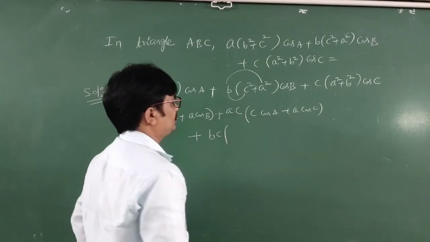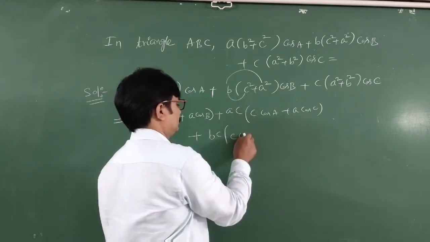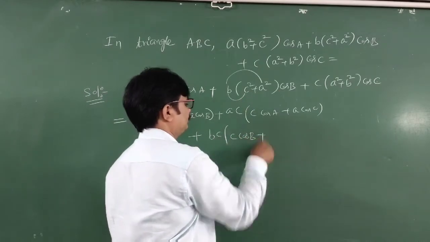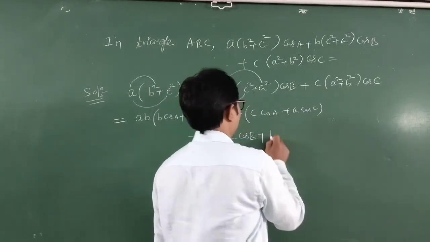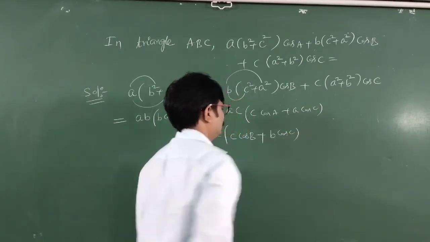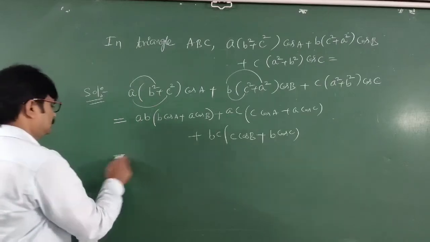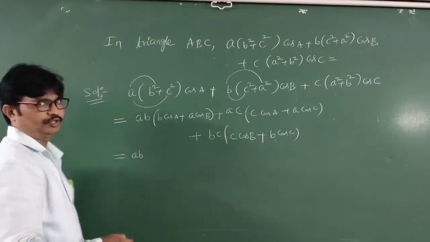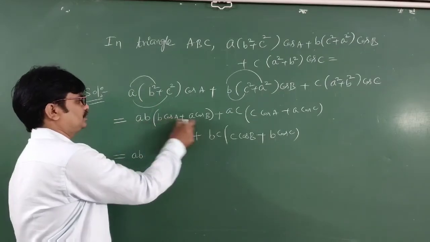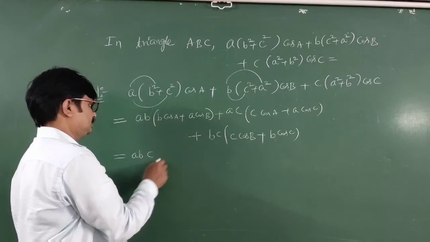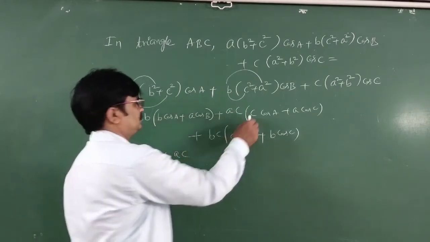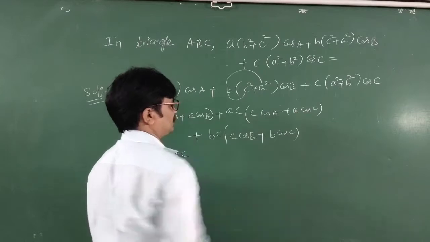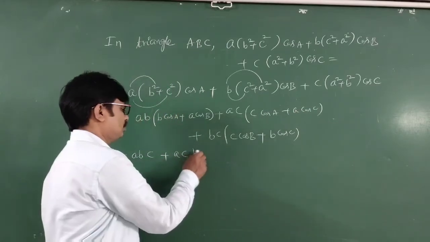When we are taking bc, this is c cos B plus b cos C. So my dear students, we can write it as ab into (b cos A plus a cos B), this is c. After then ac into (c cos A plus a cos C), this is b.